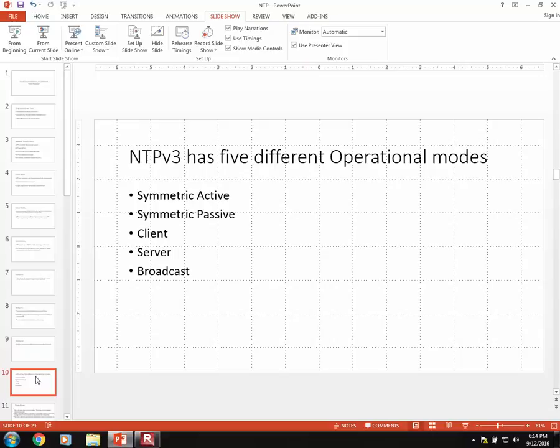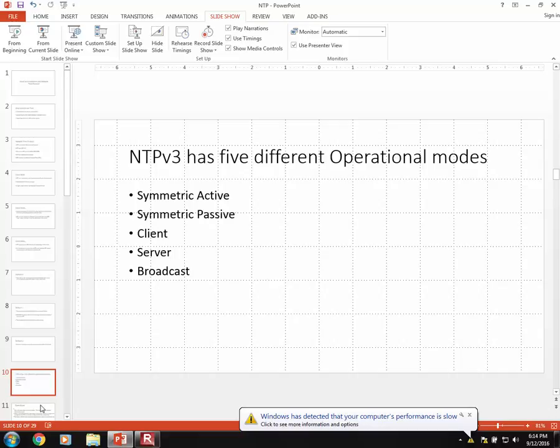We're going to talk a little bit about NTP version 3 and NTP version 4. For the purpose of this lecture, we're not going to talk about all of the modes, but keep in mind that NTP version 3 has 5 different operational modes: symmetric active, symmetric passive, client, server, and broadcast.